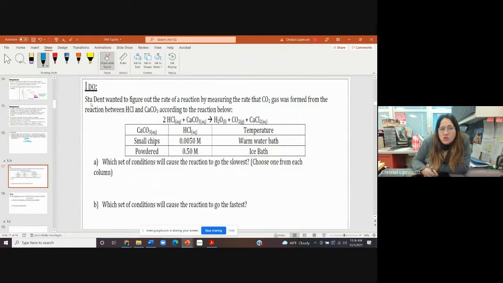So, student, I like his name, wanted to figure out the rate of a reaction by measuring the rate of CO2 gas that was formed between HCl and calcium carbonate. According to this reaction, which set of conditions will cause the reaction to go slowest?